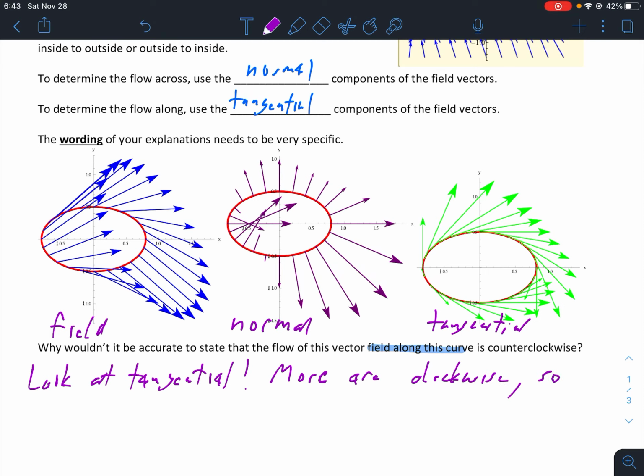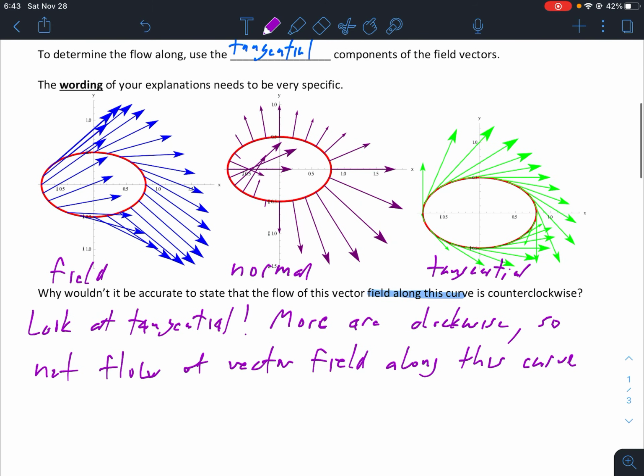Therefore, we can say with pretty good confidence that the net flow of this vector field along this given curve is clockwise.